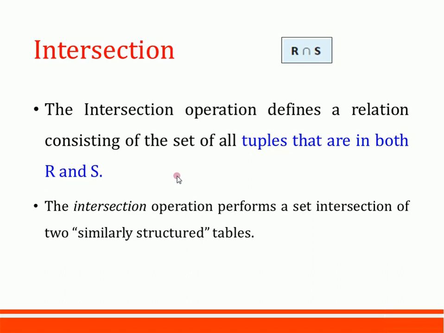Intersection, as you all know, will have as output only those tuples which are common in both the relations. That is intersection. The intersection operation performs set intersection of two similarly structured tables. Only on two similarly structured tables can you apply intersection.